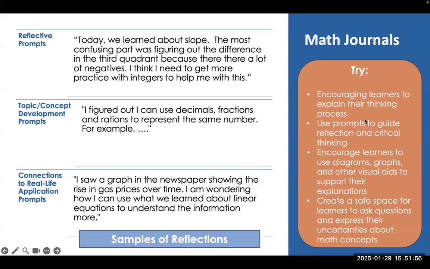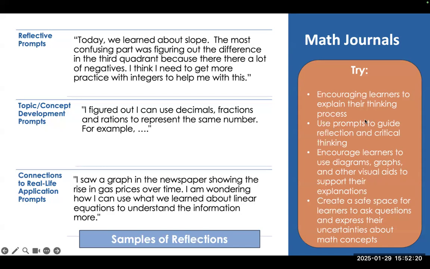If I was exploring a concept, it provides students with a prompt, and this is an example of a particular response that a student provided. I figured out I can use decimals, fractions, and relations to represent the same number, for example. So the student could be showing a specific value and how it can be represented in many ways.